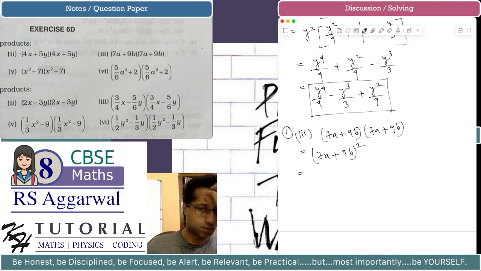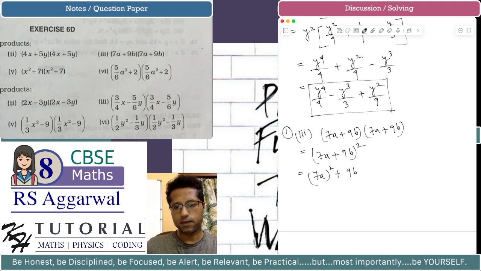Now we apply the formula of a plus b whole square: a square plus b square plus twice a multiplied by b.